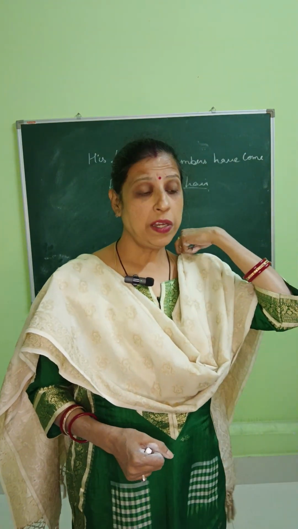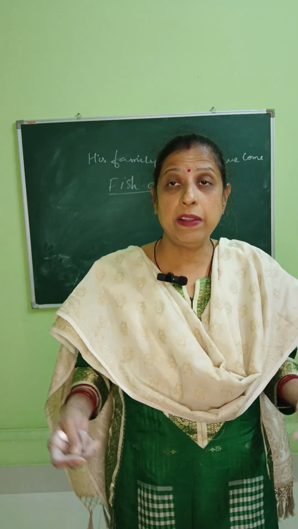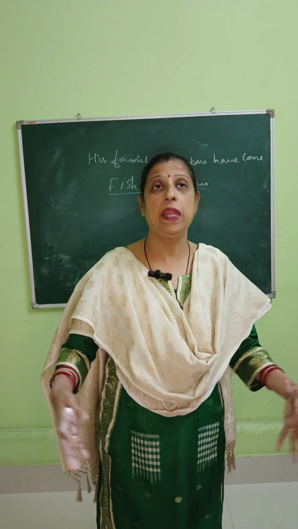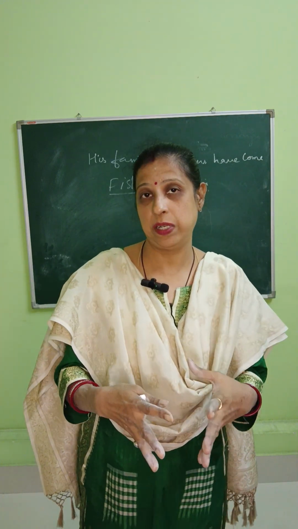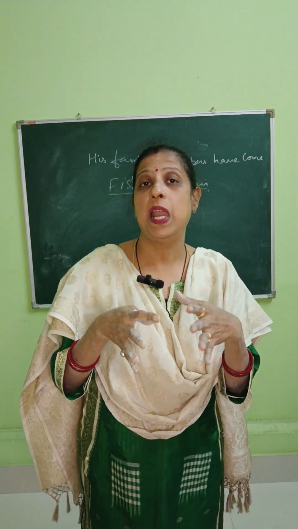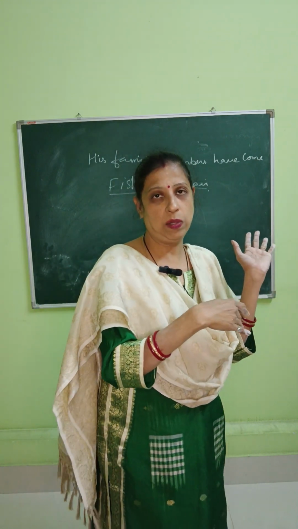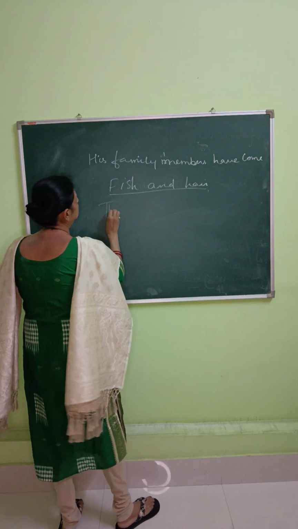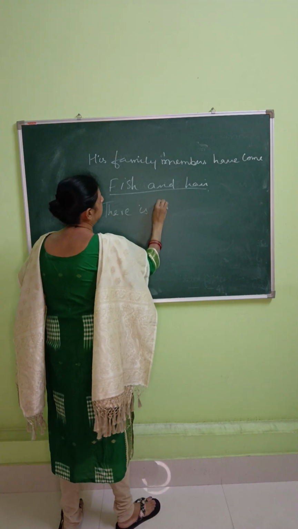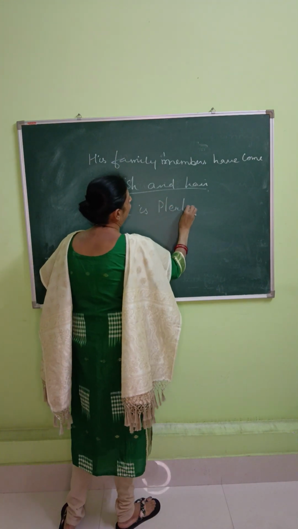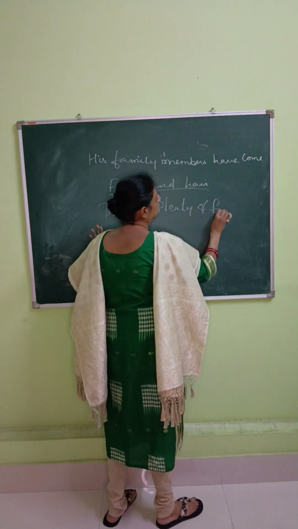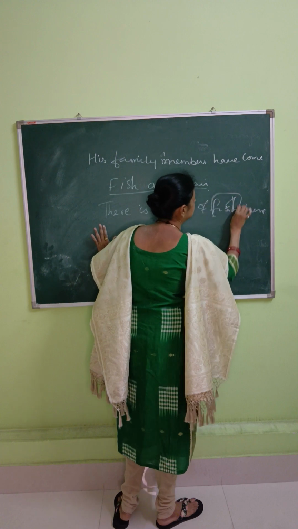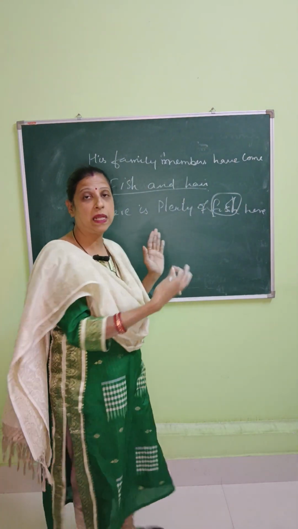Children, they are used in singular form when they are in a collection, a collective noun. Now if I say, "There is plenty of fish here," here fish becomes a collection.